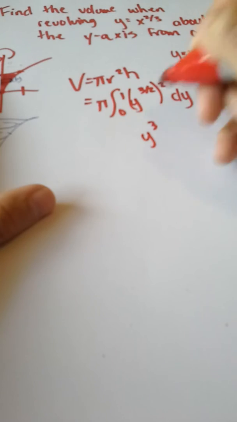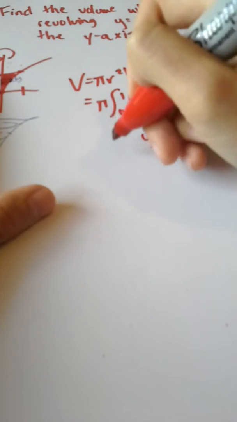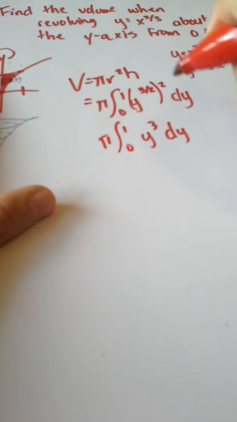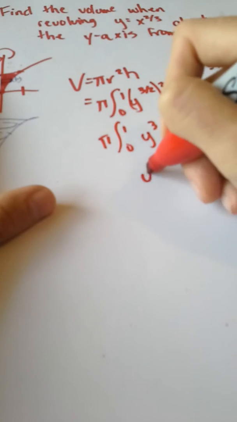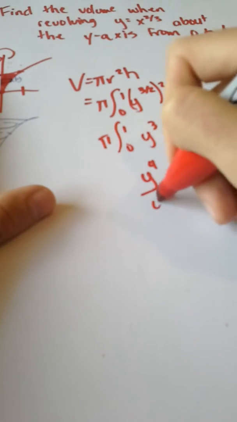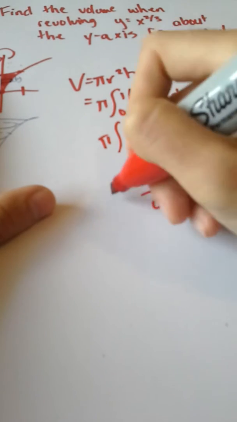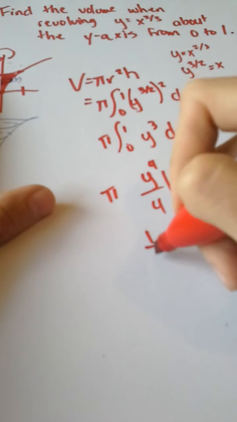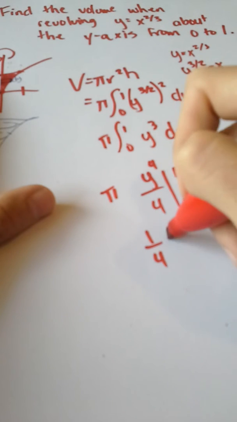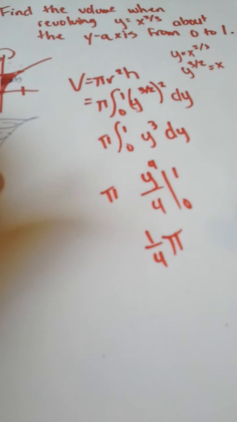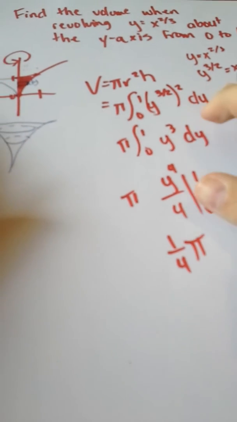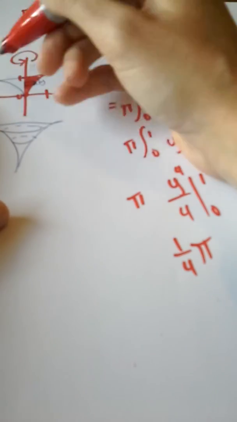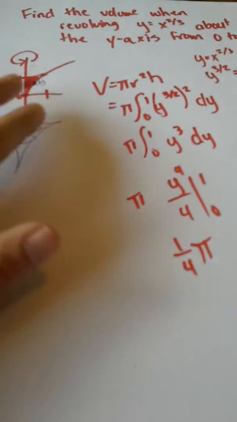That will give me y to the 3rd. And now I can go ahead and integrate, add 1 to the power, divide by the new power, evaluate from 0 to 1, which when I plug in 1, I will get 1/4. Plug in 0, you'll get 0. So the volume will be exactly 1/4 pi when we revolve that region about the y-axis.